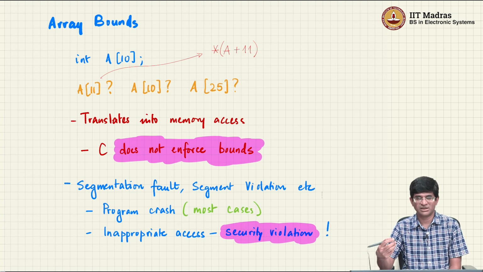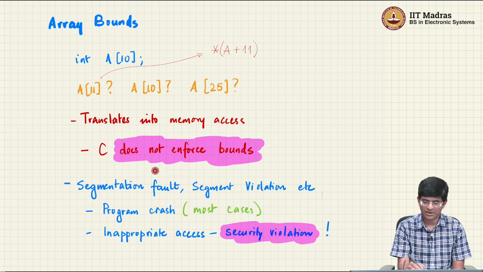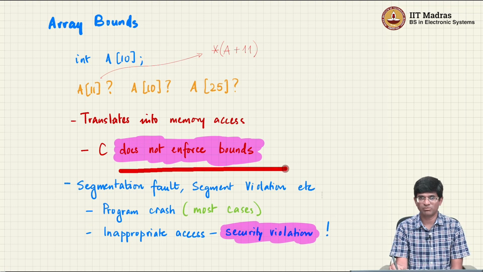Now, is that outside the array? Yes, it is, but is that outside the memory of the computer? We don't know. Is that outside the memory that's allocated for this particular program? We do not know. The bottom line is that C, the language or the compiler, does not actually enforce these kind of bounds.